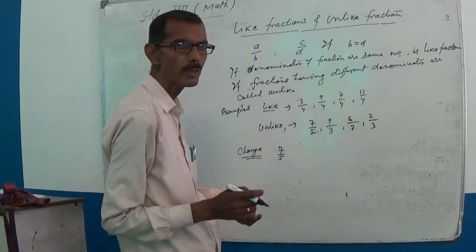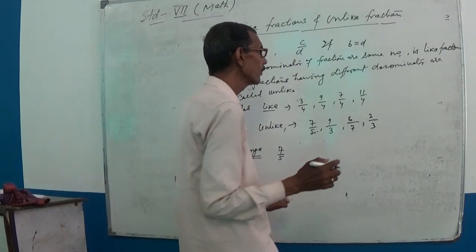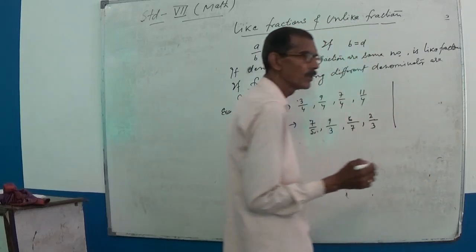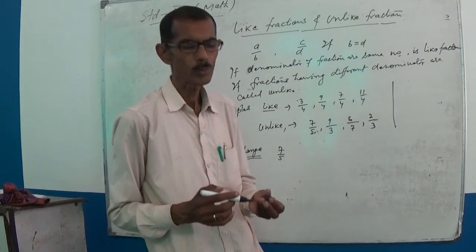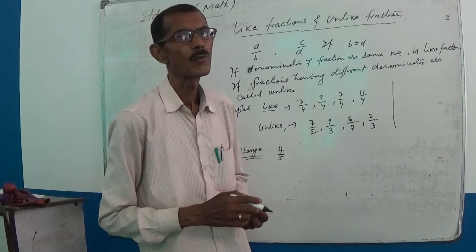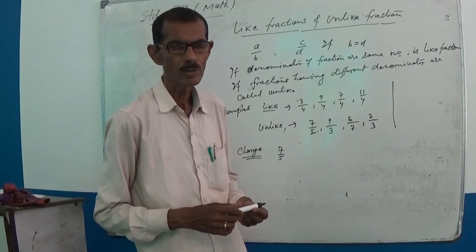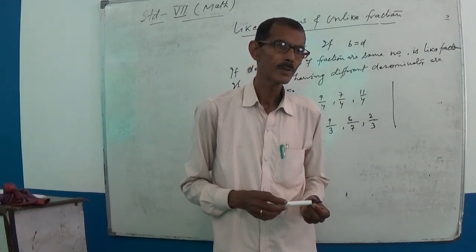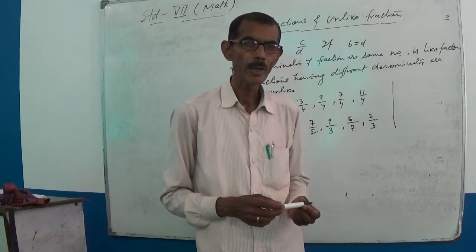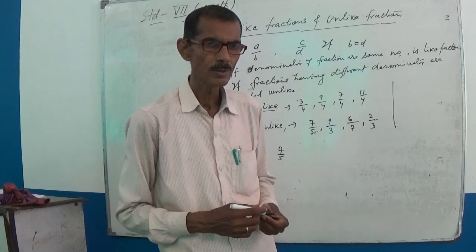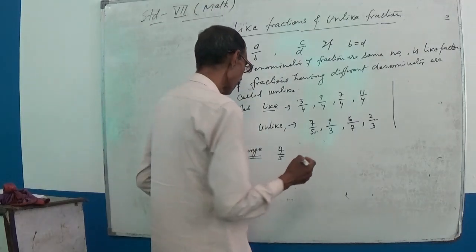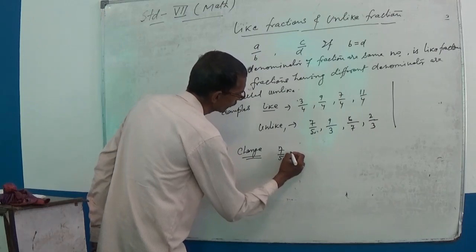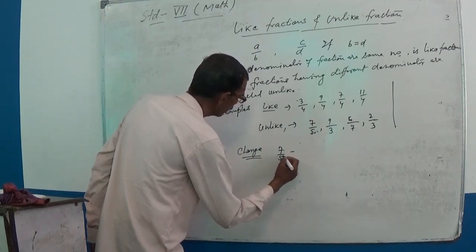Here note one more thing. If you multiply the numerator and denominator of a fraction by the same number, then you get equivalent fractions. So we are applying that type of consideration.